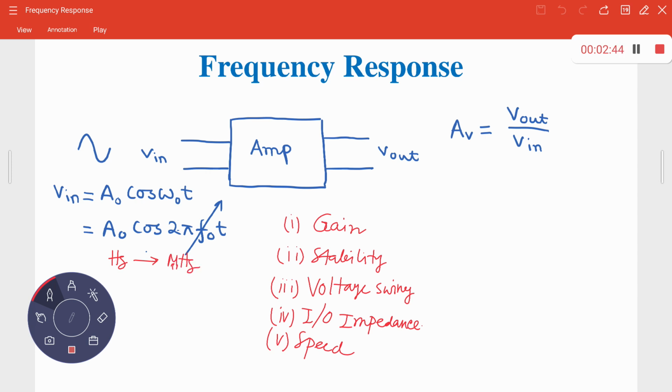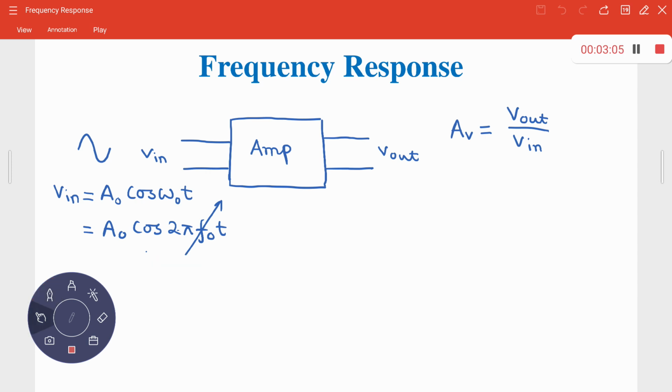Then whether the performance of the amplifier remains the same or different, that is the thing. And for that you have to consider the effect of different capacitors which are already there internally inside this MOS device. Right. And in this particular unit, we will definitely look into this.